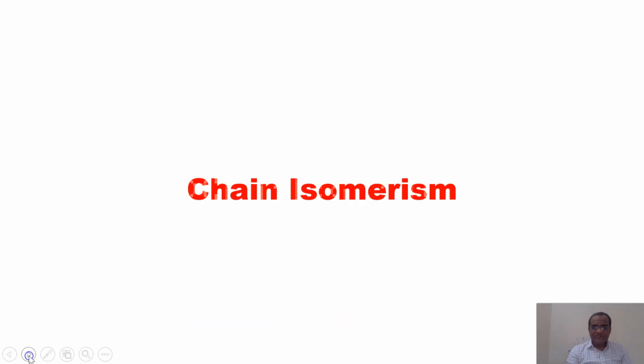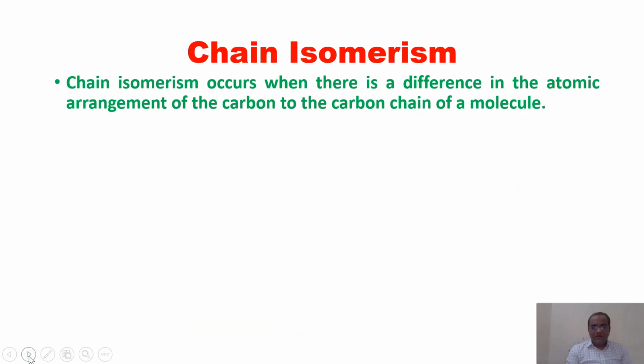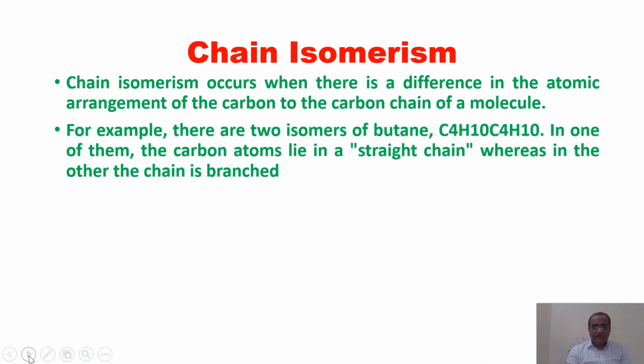So the first one, that is chain isomerism. Chain isomerism occurs when there is a difference in atomic arrangement of the carbon chain of a molecule. For example, there are 2 isomers of butane. So the 2 isomers of butane, why? Because the structural arrangement is different.